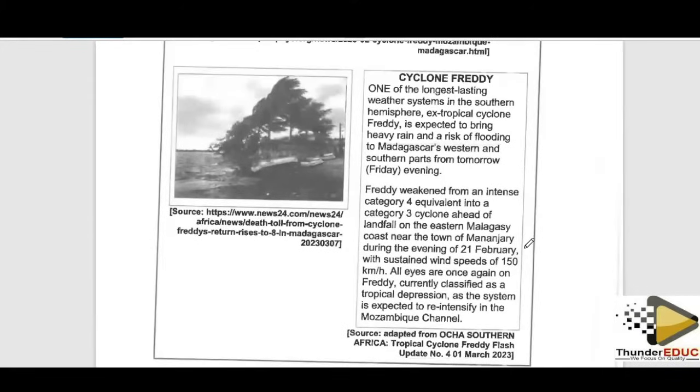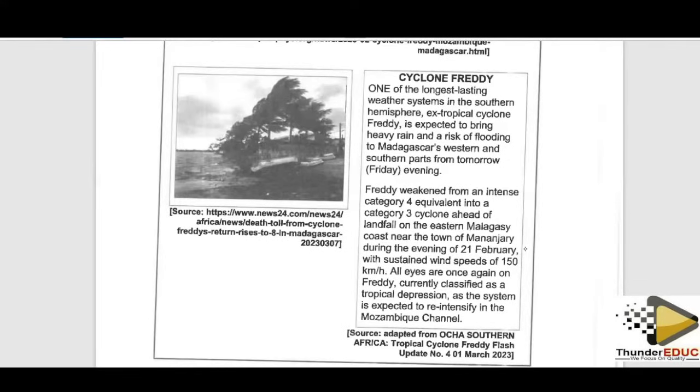They say Cyclone Freddy. All right, just to go through this extract, it says one of the longest lasting weather systems in the southern hemisphere, ex-tropical cyclone Freddy, is expected to bring heavy rain and a risk of flooding to Madagascar's western and southern parts from tomorrow, Friday evening.